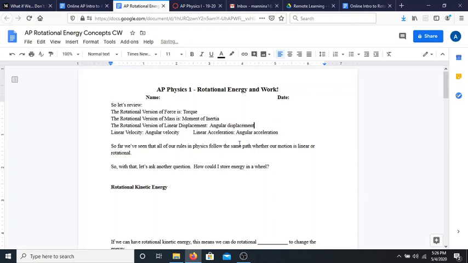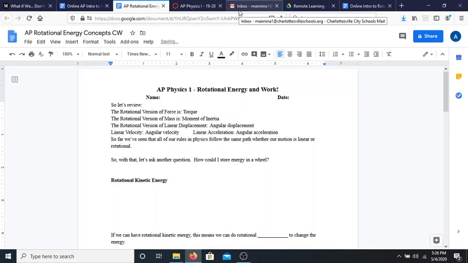But in all these cases, ladies and gentlemen, we're just getting used to the idea that we now have a bunch of different linear topics we talked about before, and we now know their rotational versions as well. Now, we know that all the rules that have applied for linear motion seem to apply for rotational motion as well. So that leads nicely into our next question.